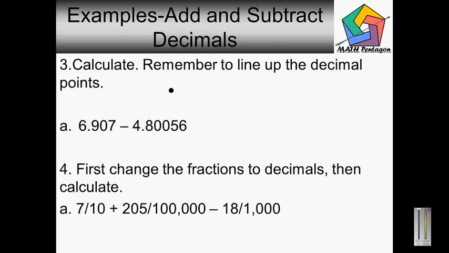Okay, the directions right here are telling us calculate. Remember to line up the decimal points. So we have a problem of 6.907 minus 4.80056. So we're going to use our calculator to calculate this. So hang on a minute.